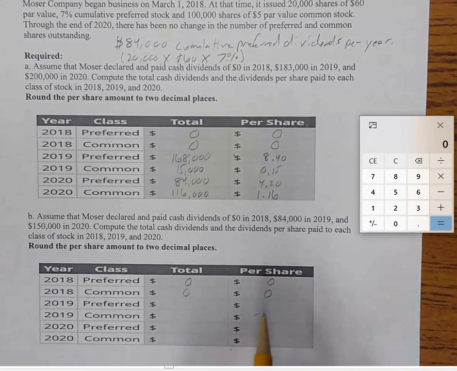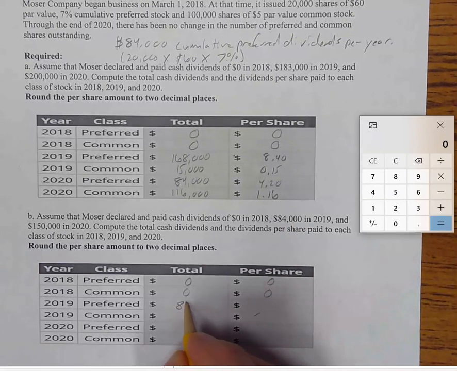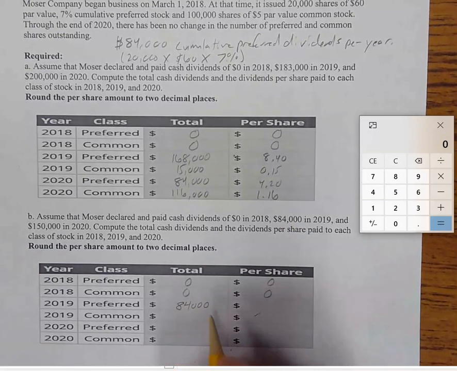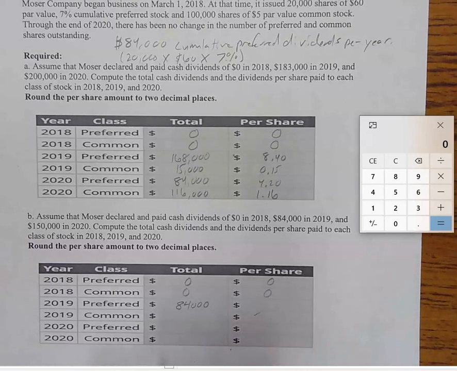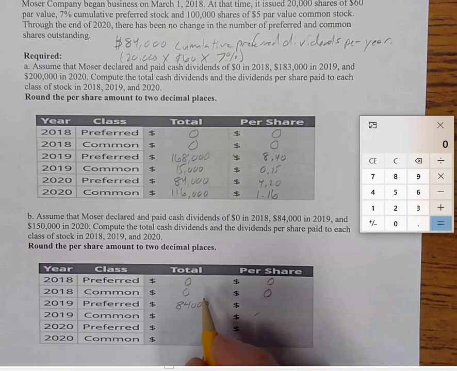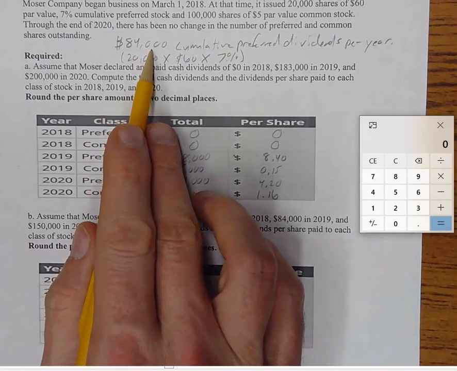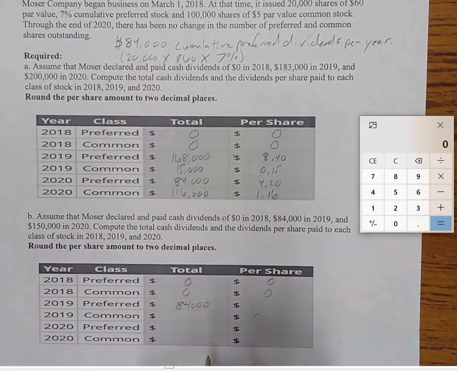They only paid out $84,000 in 2019, and so what we would say here is that they basically made good on their 2019 amount, but 2018 is going to be in arrears still. Okay, so if they only paid out $84,000 in 2019 in total, all $84,000 went to the cumulative preferred stockholders, so that means common stockholders got 0.